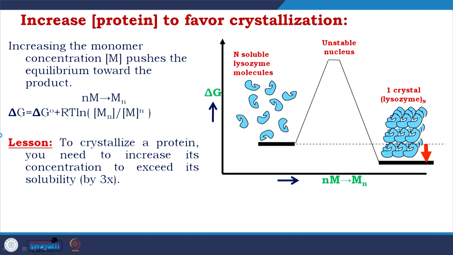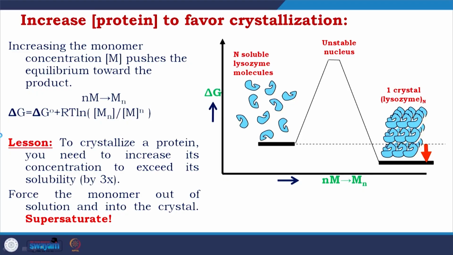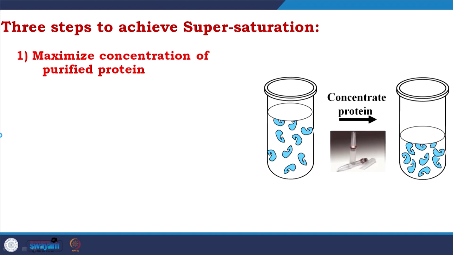It should be over its range of solubility, so that it goes to a state we have been discussing since the last class, which is very key to crystallization, especially supersaturation. So, force the monomer out of solution and into the crystal; that is called supersaturation.